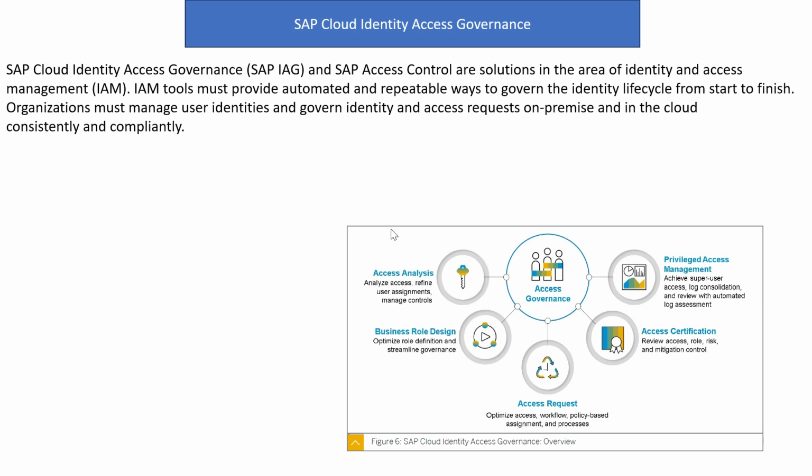If you reaffirm it, then it will continue for the user. Here we have to certify that particular access. We also need to review and then certify the access, the role, the risk, and the mitigation control. Okay? Any queries here?